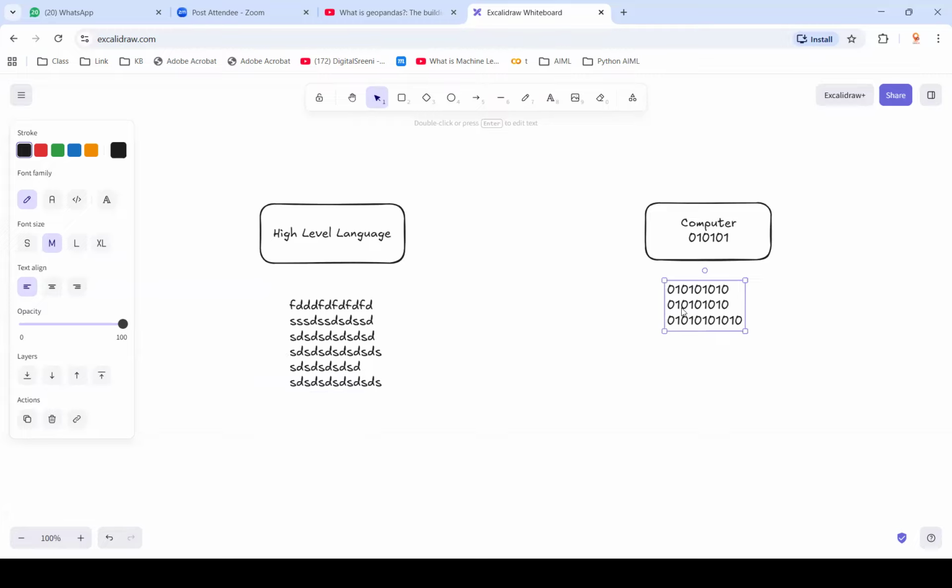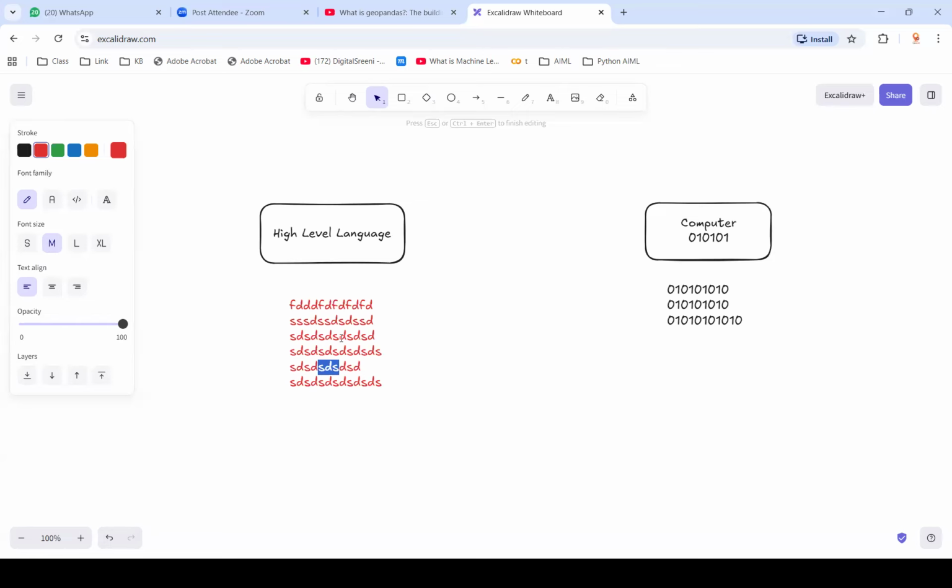Now what is the problem with each? What are the pros and cons? The pros and cons are: when a translator converts line by line, let's suppose that translator got some error in this place. Then what will happen?